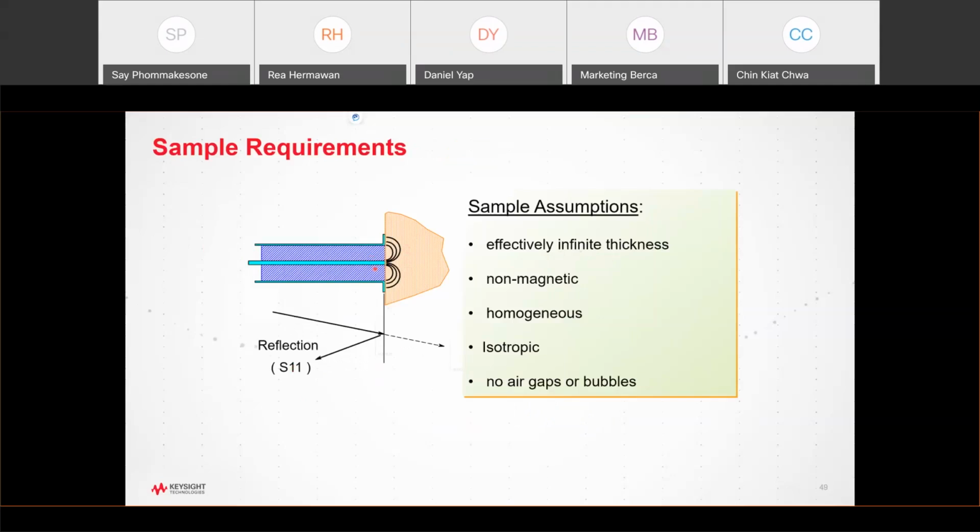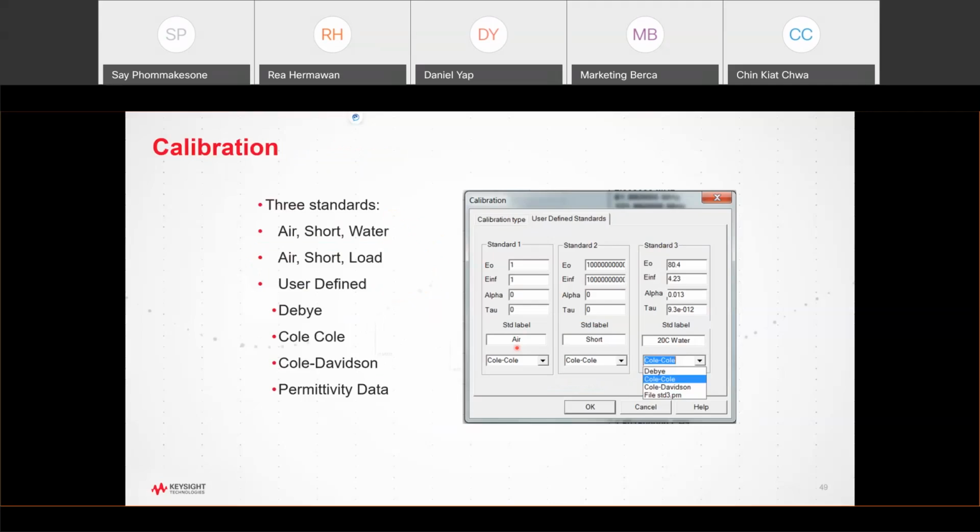However, if your sample is thin, perhaps you can stack up your sample, or you can put some sort of absorber material underneath so that you don't measure from the bottom. The idea is you want to get the reflection from your material, not from the fixtures. Also, this only applies to isotropic material, and make sure there's no air gap or bubble. Okay. So again, before making the measurement, we require calibration.